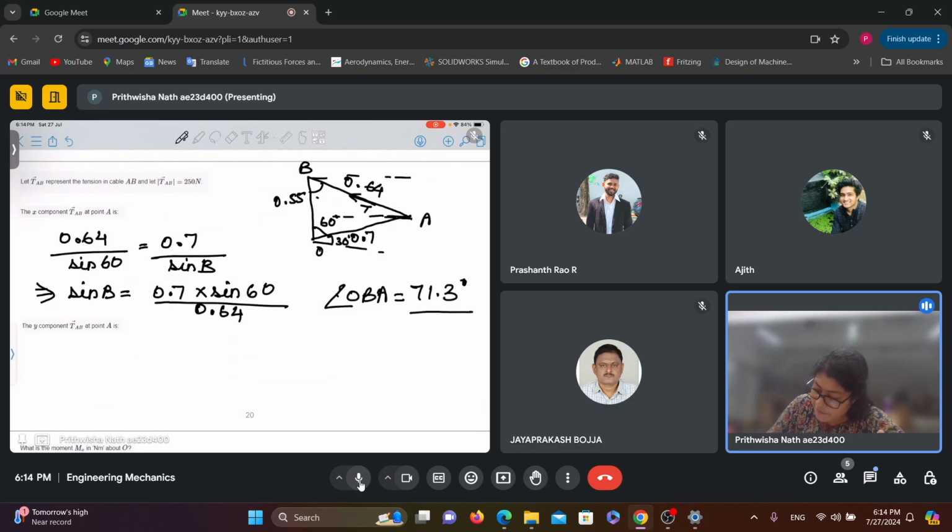Now if this is 71.3 degrees, what is this value? Can you tell me? 90 minus 71.3, right?